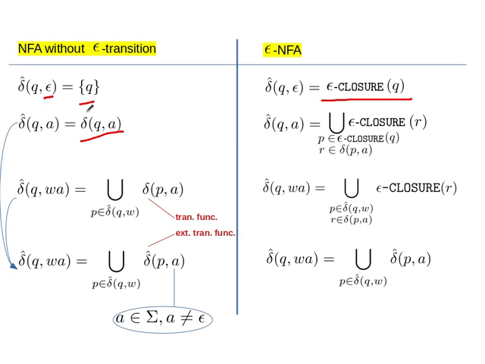You can go back to that NFA video. It's in fact simple. What is the definition? The set of states that you can reach from Q after processing A. That's the definition of this. And since there is no epsilon transition, it's just a single step process, so they are the same here. But here, as we saw, for a single symbol we have the epsilon closure here, and then this here, and then this union, so it already looks quite complicated.